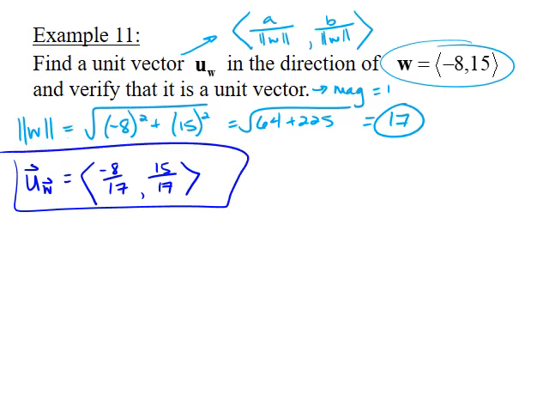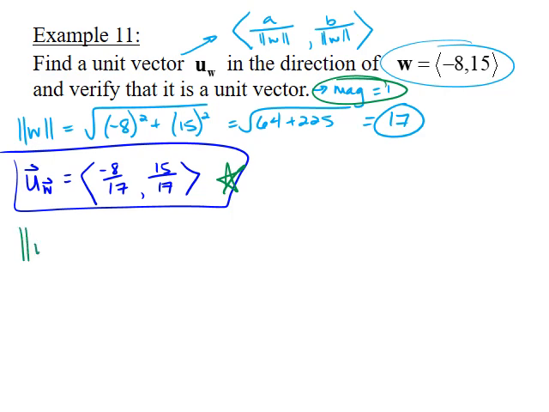Okay, so here's part of the answer. But now we want to verify that this is in fact a unit vector. So what we want to do is find the magnitude of this new vector and make sure it's equal to 1. Okay, so yeah, it's fractions, it's a little messy, but we're smart and we're capable.